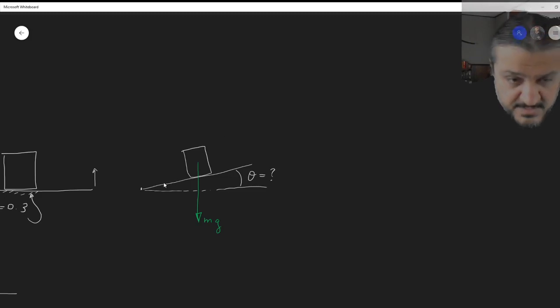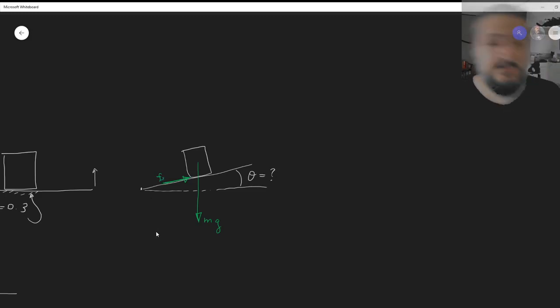So it's got to be this way. This is the friction force, Fs. Okay? Now, this picture is when theta is less than that critical value of theta. It's not moving yet. Okay? But our goal is to find the critical.